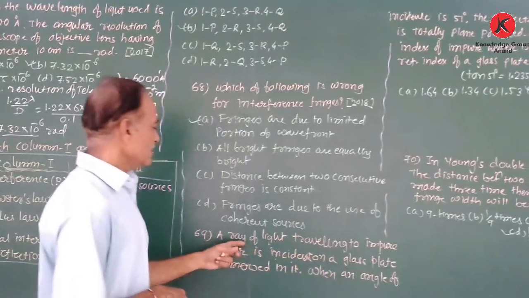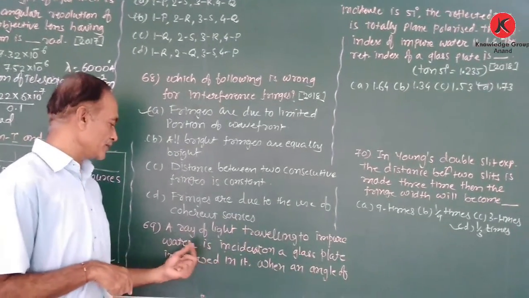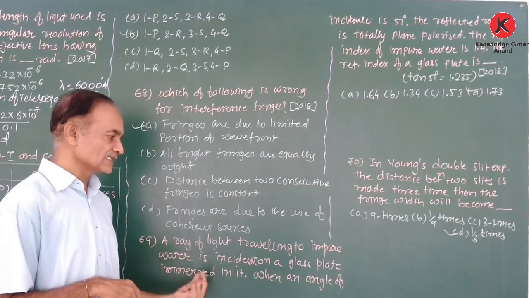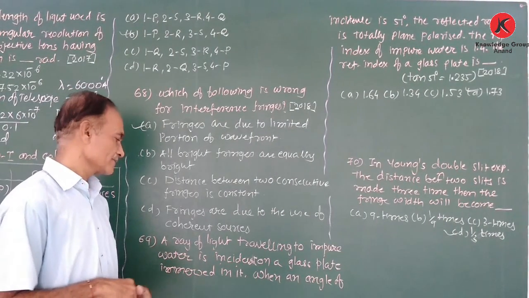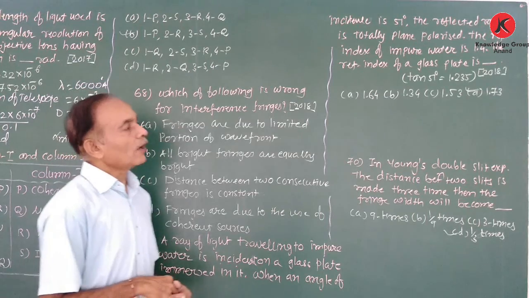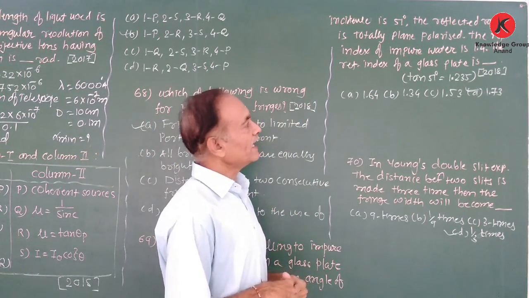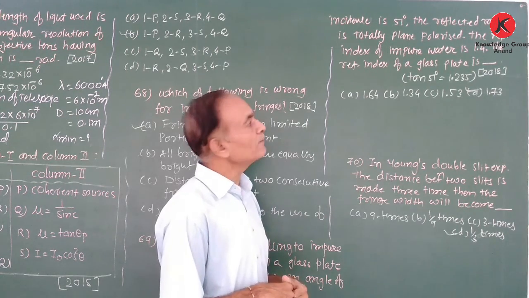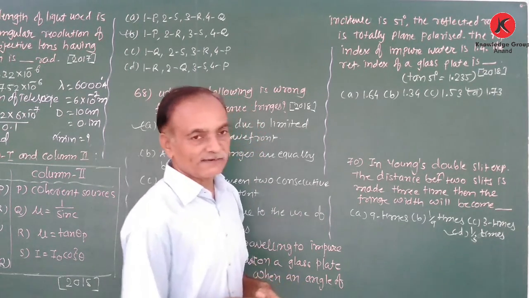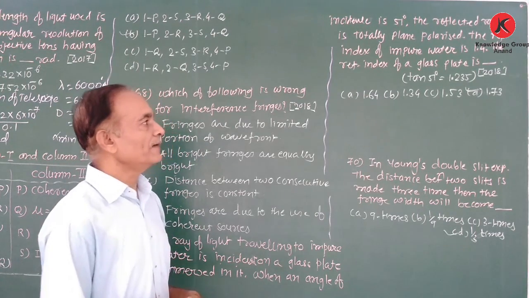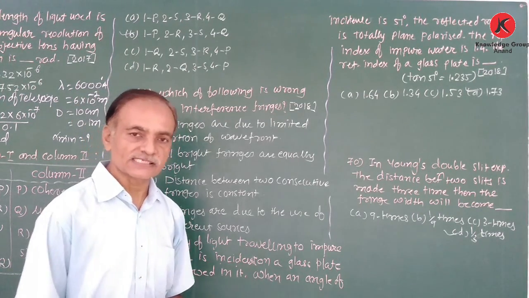Now, next: a ray of light traveling in impure water is incident on a glass plate immersed in it. When the angle of incidence is 51 degrees, the reflected ray is totally plane polarized. The refractive index of impure water is 1.4. The refractive index of the glass plate is?